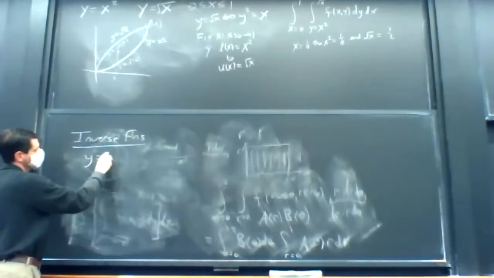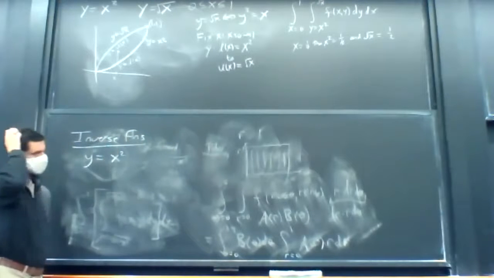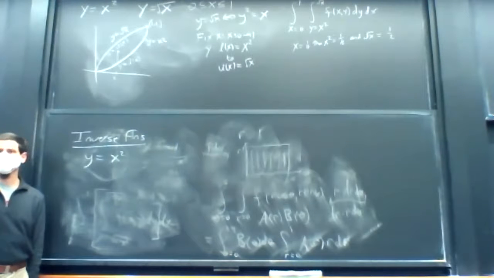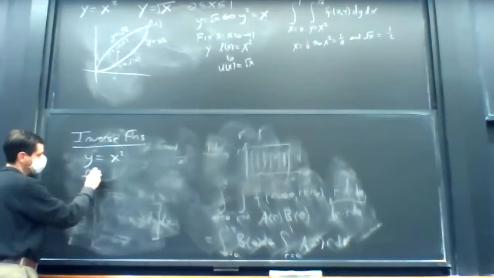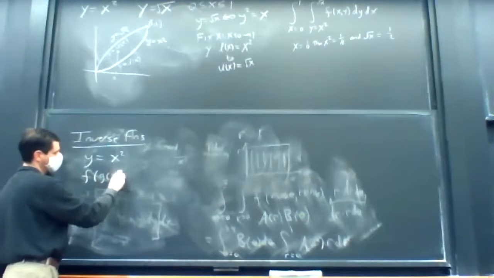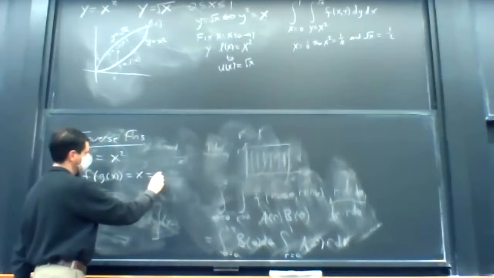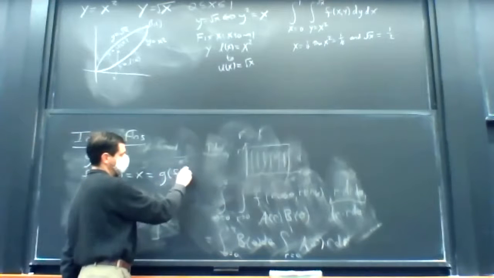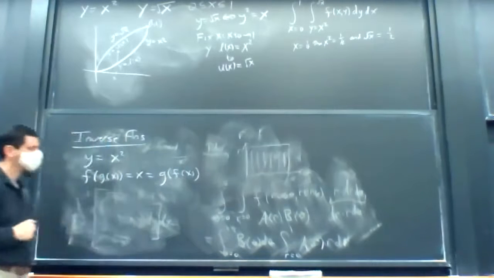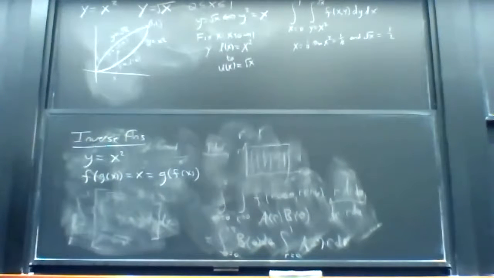Let's say y equals x squared. So I want to find what's the inverse function. So f composed with g of x equals g of f of x. This is what it means for two functions to be inverses.